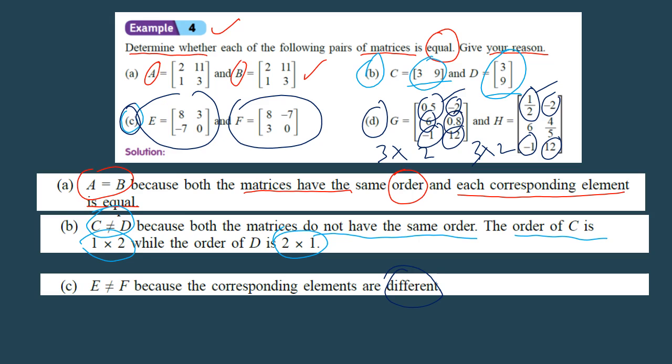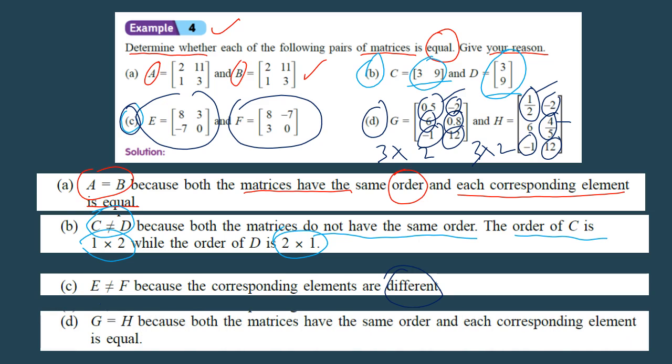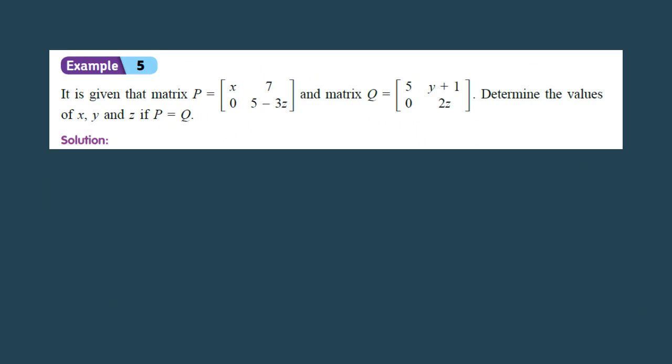Okay, 0.8 and 4/5 are the same, yeah? 4/5 is actually 0.8 also. So yes, G is equal to H, because both matrices have the same order and each corresponding element is equal.